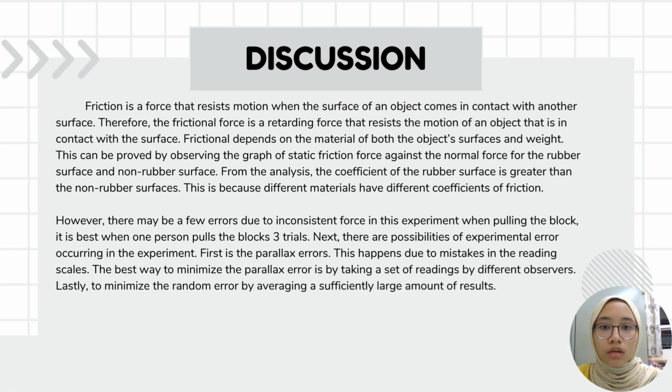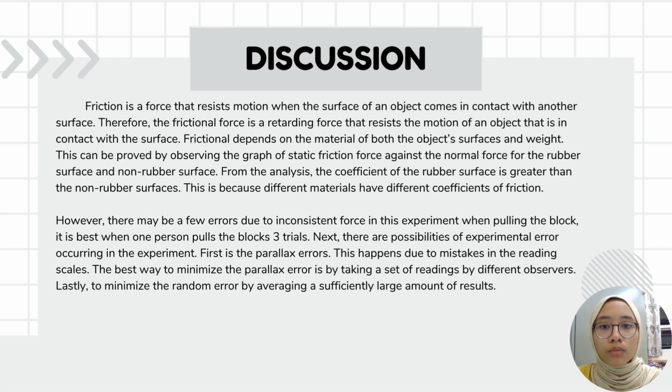Friction is a force that resists motion when the surface of an object comes in contact with another surface. Therefore, the frictional force is a retarding force that resists the motion of an object that is in contact with the surface. Friction depends on the material of both object surfaces and weight.